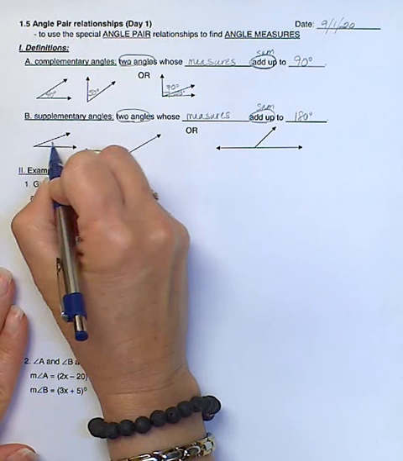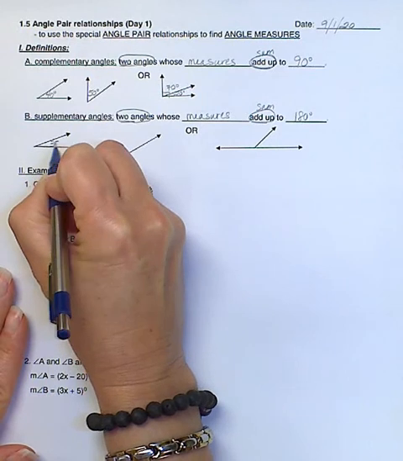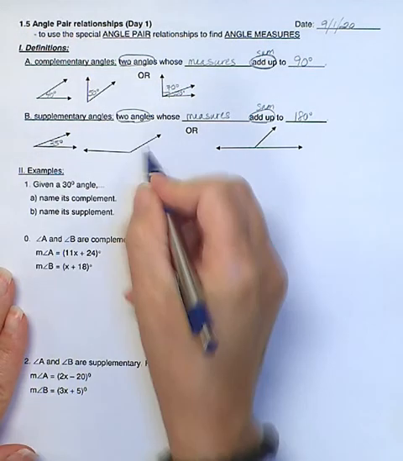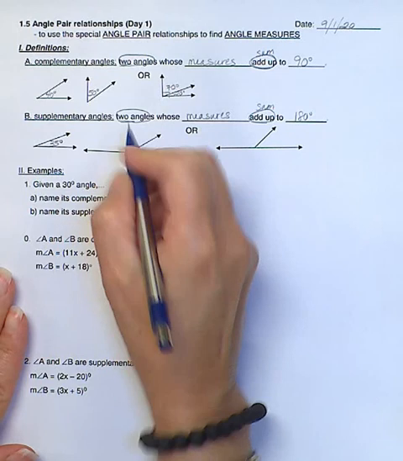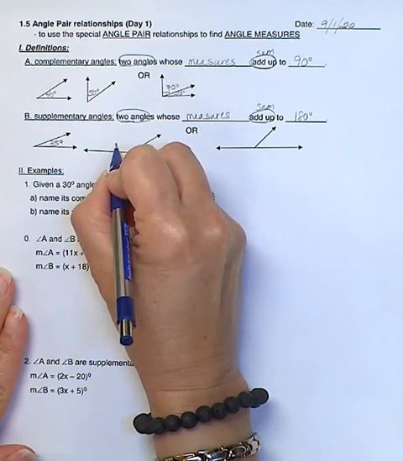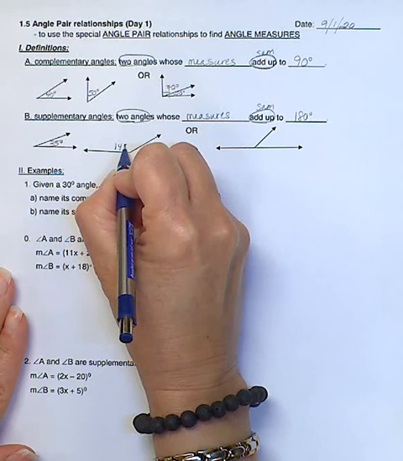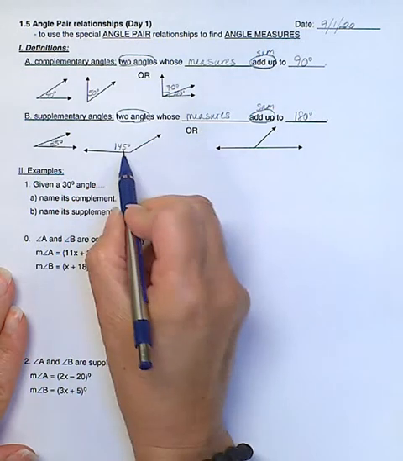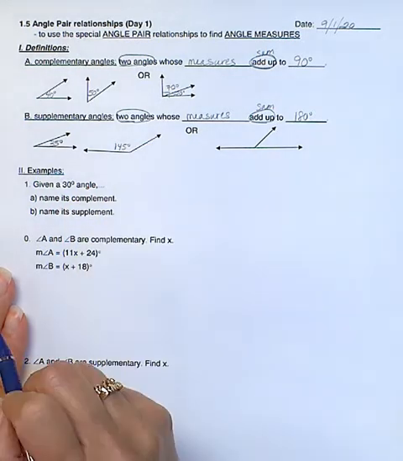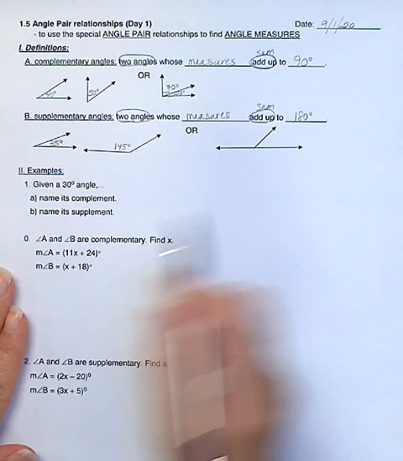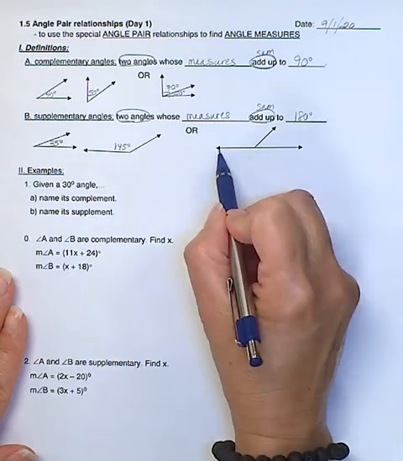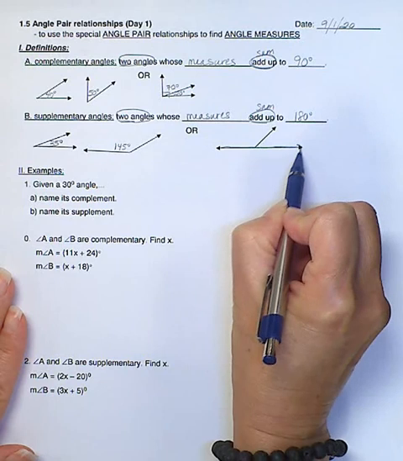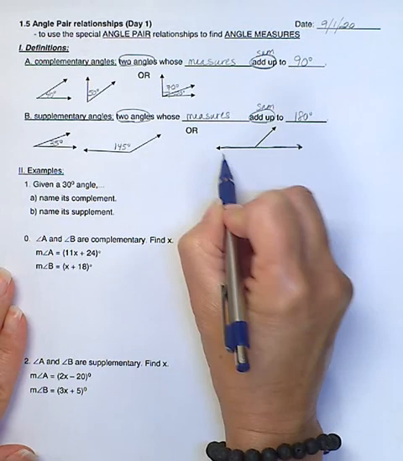Now we know from a previous lesson that if you have a straight line, it is also known as a straight angle, and a straight angle is 180 degrees. So if you had a straight angle that was split into two, again not necessarily cut in half, these two parts should add up to 180 degrees for them to be supplementary.